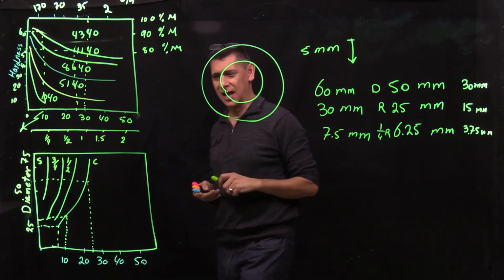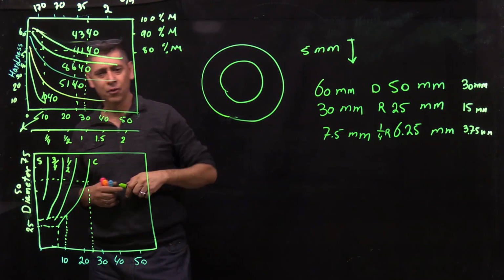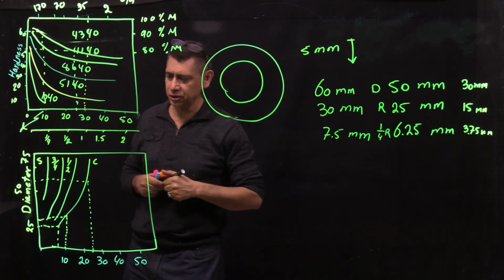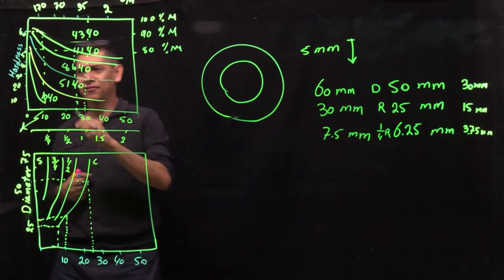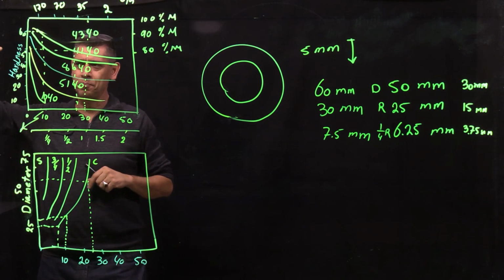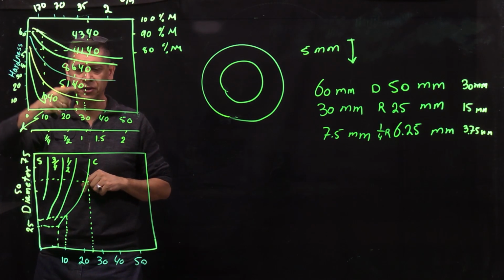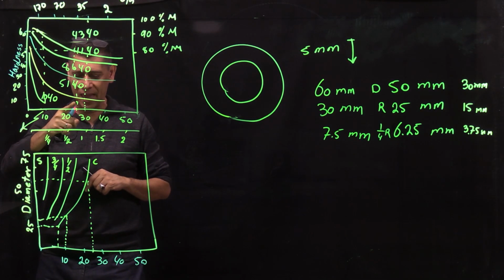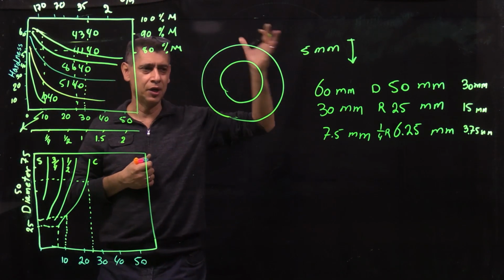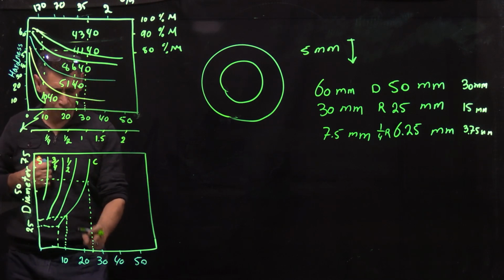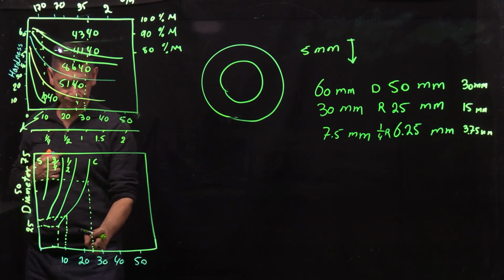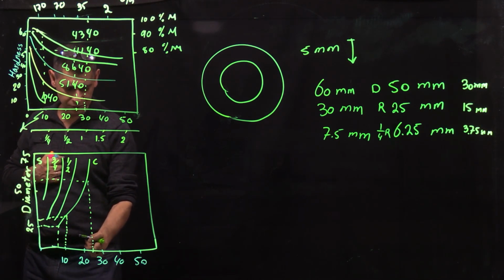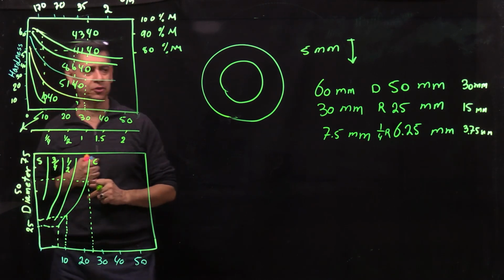Having said that, for each of these alloys, when it says 5 millimeter below the surface I want to have this hardness, you first find the cooling rate based on the hardness. Based on the cooling rate, you want to have this much in the center, this is the criteria. Based on the cooling rate, you find the diameter.